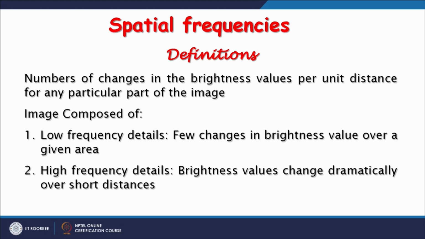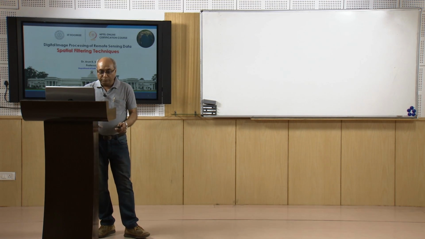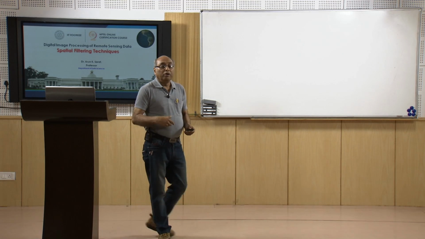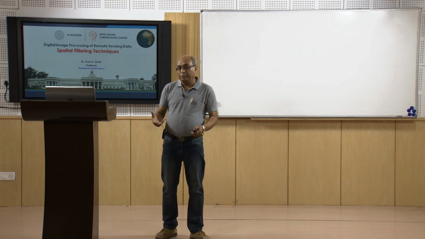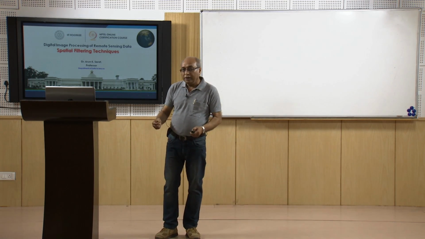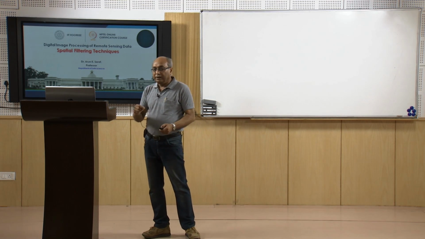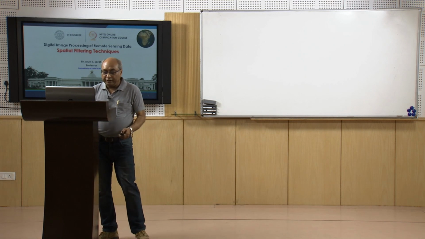Spatial frequency can be defined as the number of changes in brightness values per unit distance for any particular part of the image. Spatial filters may be 3 by 3 pixels, 5 by 5 pixels, or 7 by 7 pixels. These numbers have to be odd because the center pixel is the target pixel for which the new pixel value is calculated.